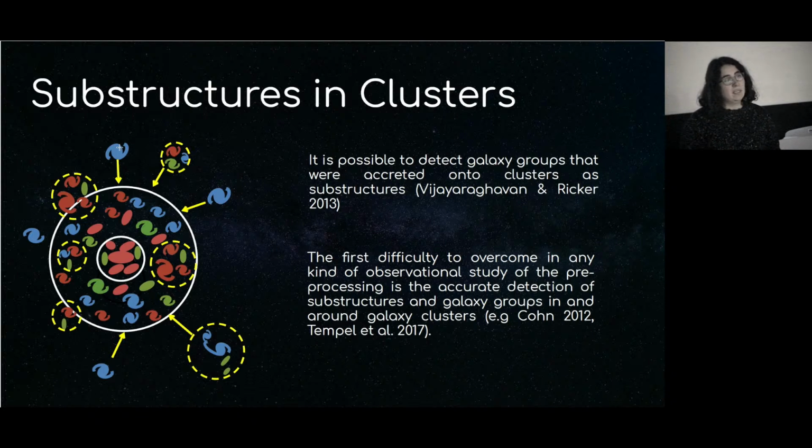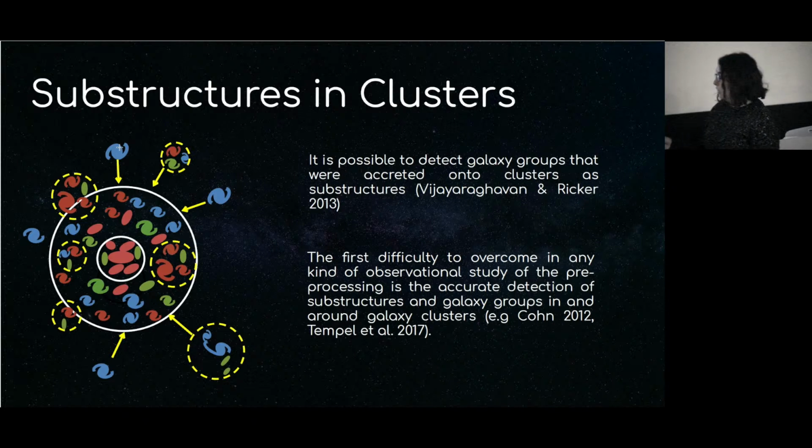In this way, the identification of substructure in a survey like S-PLUS, that is mainly photometric, is very hard because in principle, we have information about the position of the galaxies in the sky and an estimation of the photometric redshift that always has an error associated to the estimation.